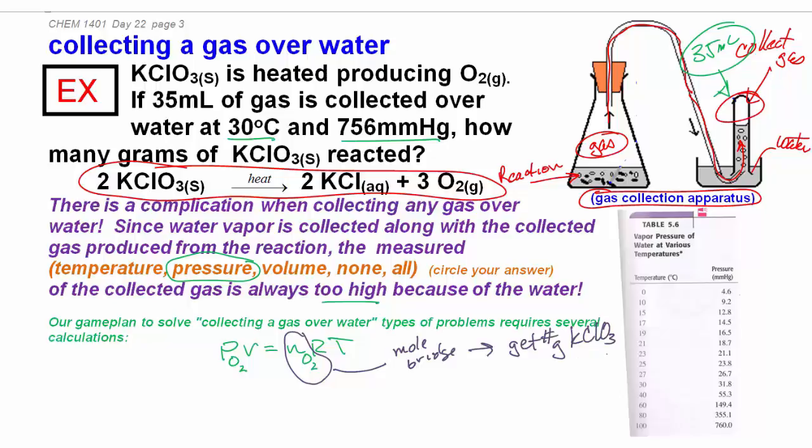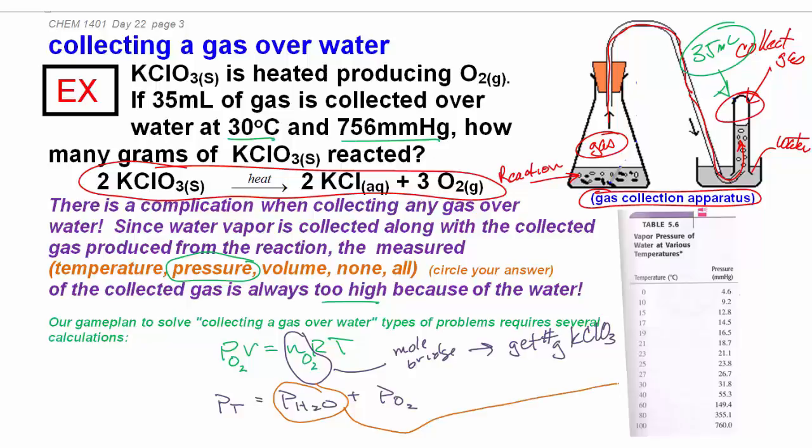Okay, so what we need is that pressure due to just oxygen gas. Well, we know what the total pressure is. That's going to be the pressure due to the water and the pressure due to the oxygen gas. Now, this pressure due to the water, we need to subtract it out.